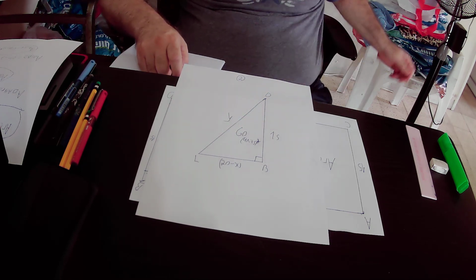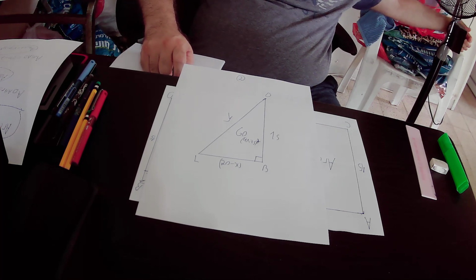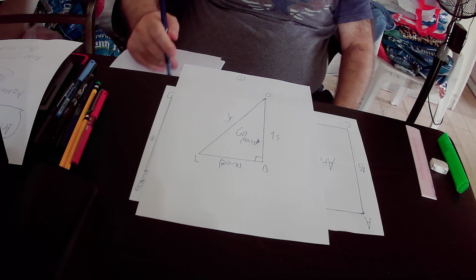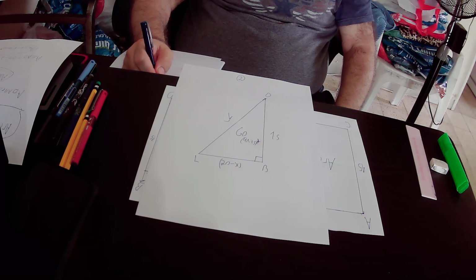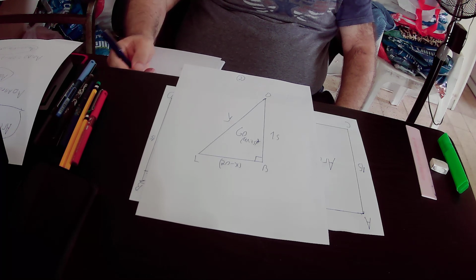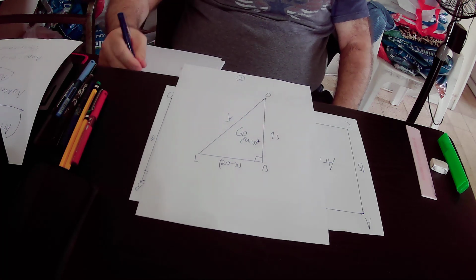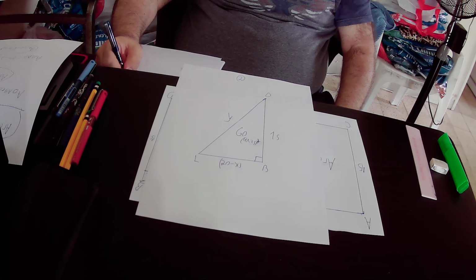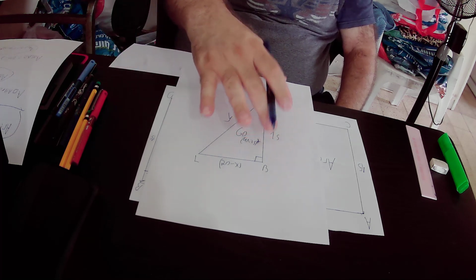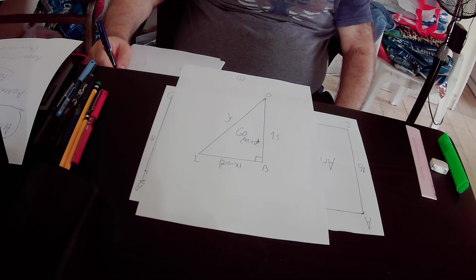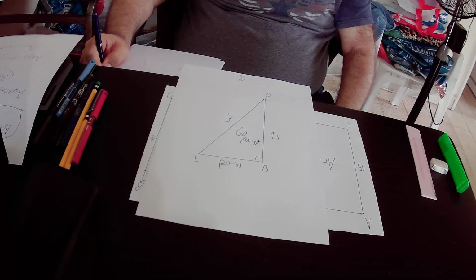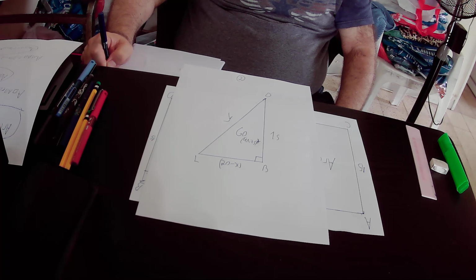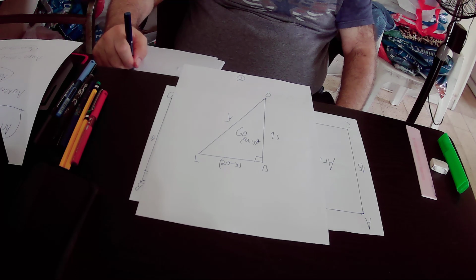Okay, so the formula for the area of any triangle equals the base of the triangle times the height to the base over 2.